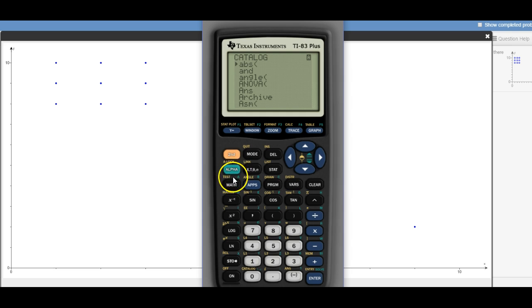In alpha mode, your keypad are the letters. So I'm going to go to the D letter for diagnostic, and scroll down until I see diagnostic on. Diagnostics on will turn R squared and R on when you do regression. If I didn't have it in there before, it would now show up after I turn the diagnostics on. I would see this. So R is negative 0.880.